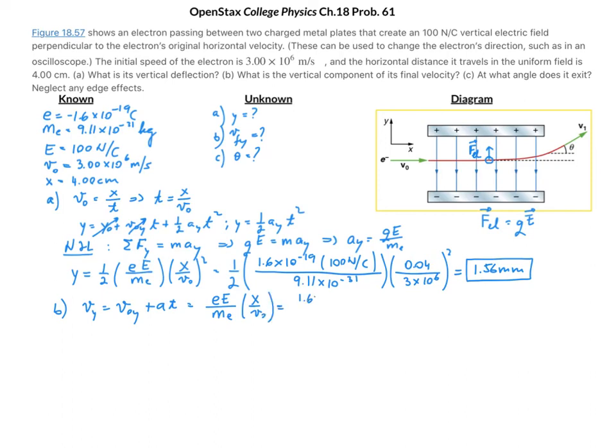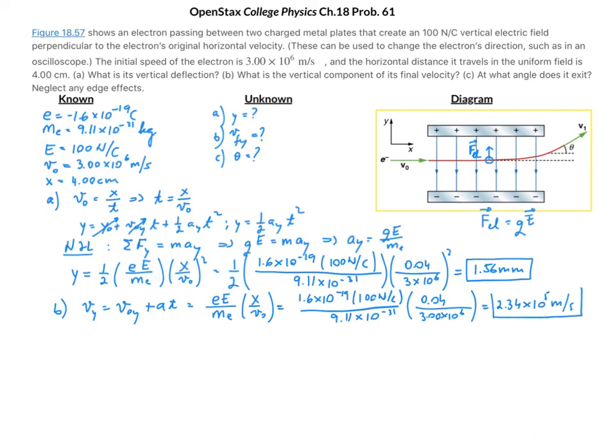So that's 1.6 times 10 to the negative 19 coulombs times 100 newtons per coulomb, divided by 9.11 times 10 to the negative 31st kilograms, times x, which is 0.04, divided by v naught, which was 3 times 10 to the 6th. And this comes out to 2.34 times 10 to the 5th meters per second.